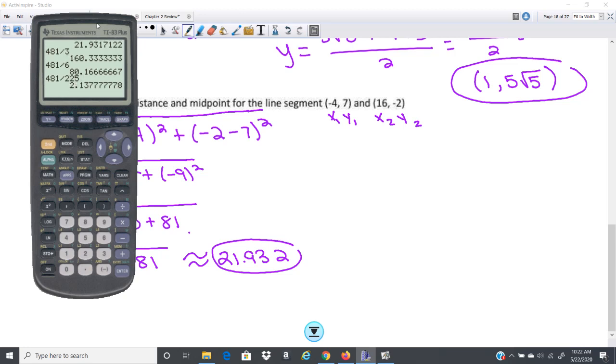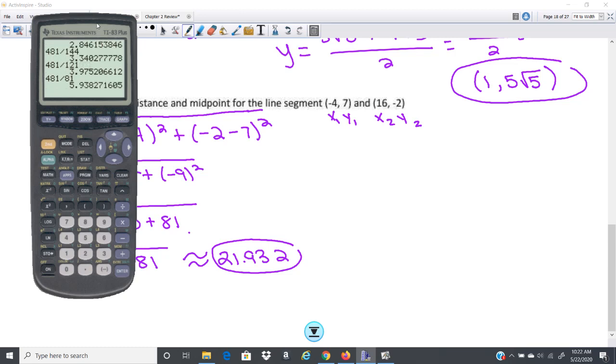225, 196, 169. That's 13 squared. 12 squared is 144. 11 squared. We know 100 is not going to go in.